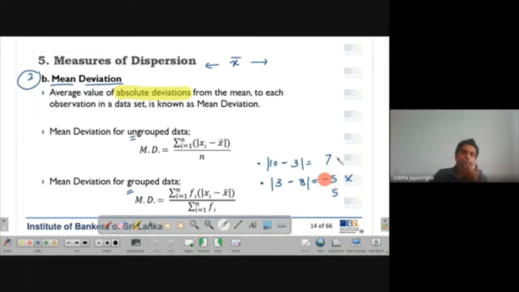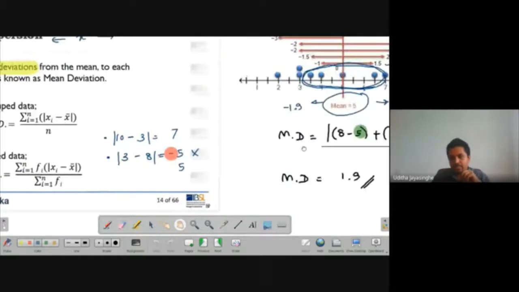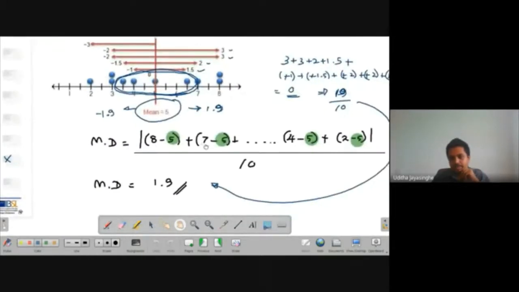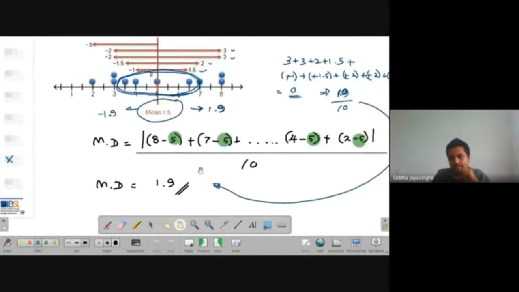We did a computation the week before, and we understood that if we did not take the modulus value, if we did not take the positive values, the mean deviation is going to be 0. Once you take the positive numbers only, you can comfortably calculate a mean deviation and come to a judgment.